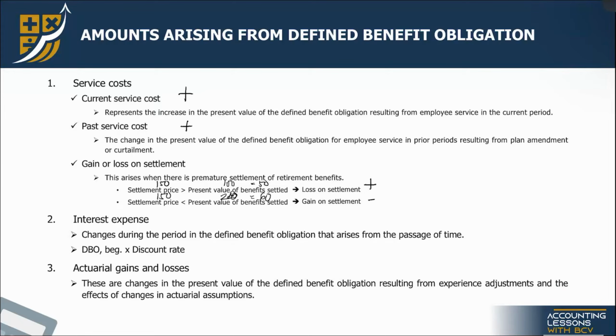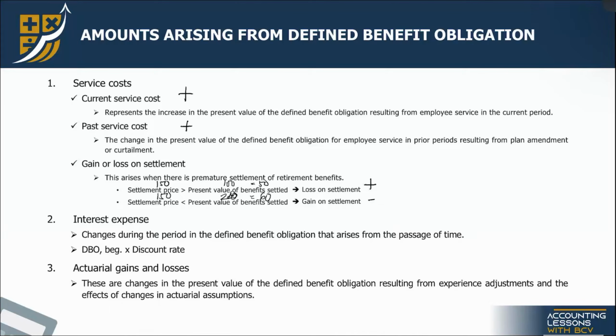So pag sinabi nating experience adjustments, these experiences arise from differences between previous actuarial assumptions and the actual scenario. Okay? Kaya siya tinawag na experience adjustments. That is because due to your past experience in computing the retirement benefits, nagkakaroon yan ng mga changes or adjustments.